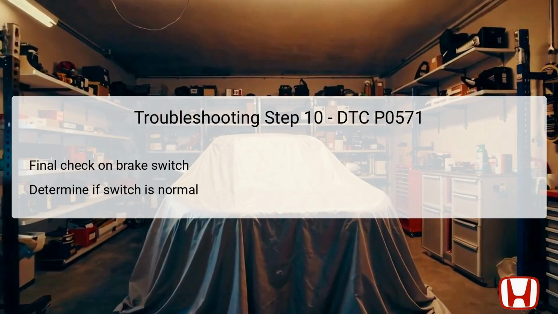If the switch fails again during this test, this confirms that the brake pedal position switch requires replacement. Ensuring the switch operates correctly is critical for vehicle safety. A malfunctioning switch can compromise all brake-related systems and should be treated with utmost care and urgency in repair procedures.